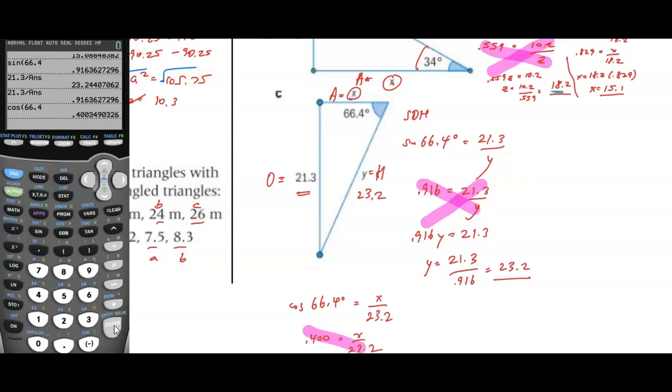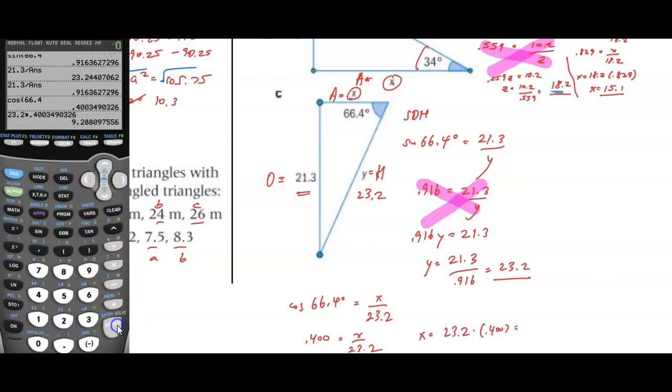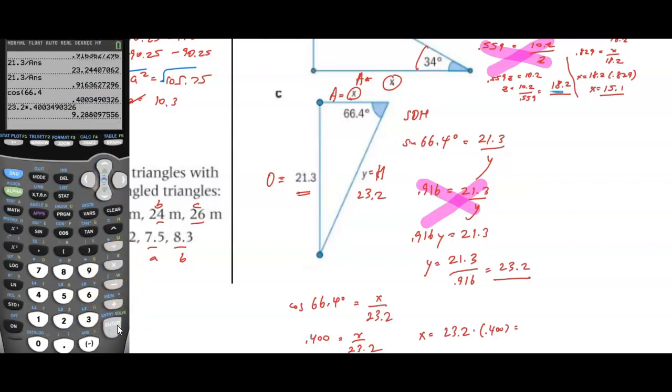We don't need cross multiplication. All we need to do is multiply both sides by 23.2. 9.29. That's our x value. Okay, that's it.